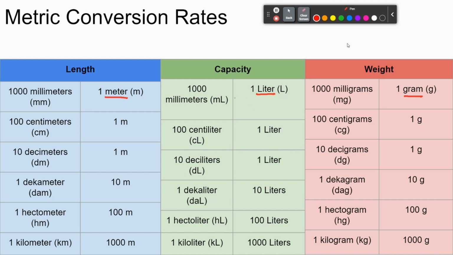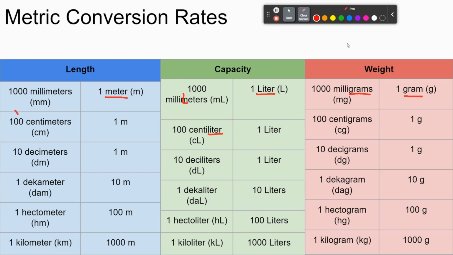And if you look through the other tables, you'll notice that they all match, other than the fact that it says grams or liters. Let's pretend that says an L. But other than that, it's the same thing.